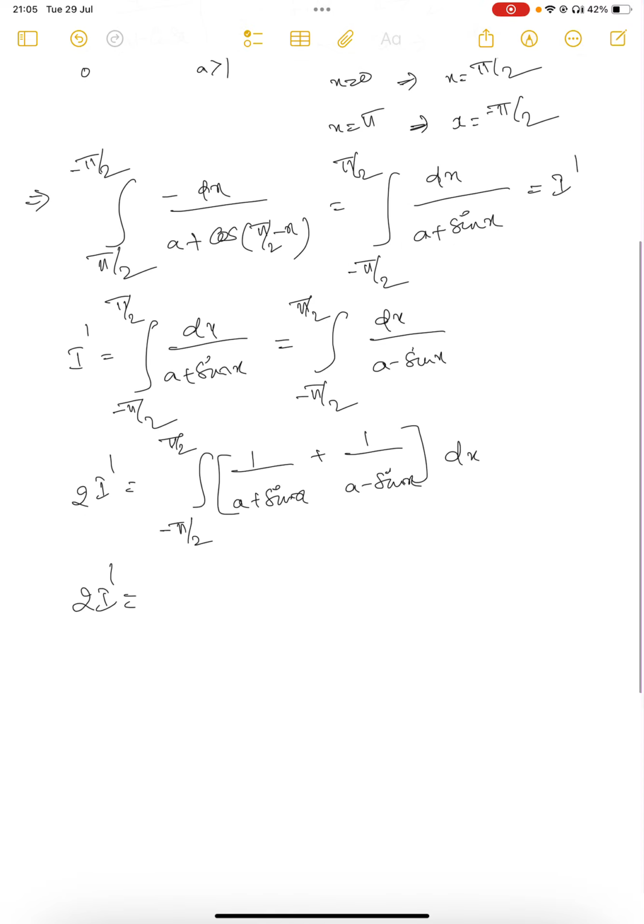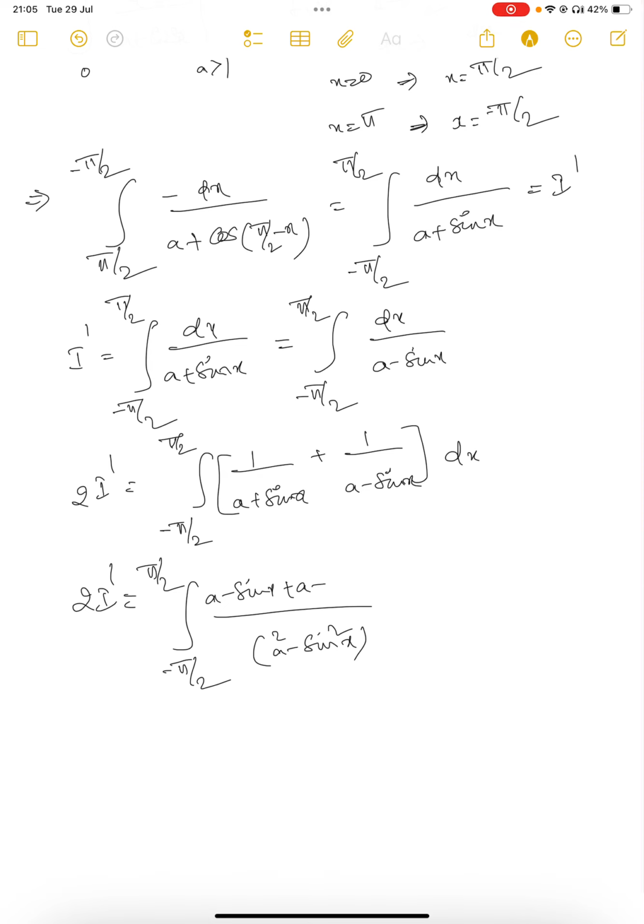So 2I prime equal to minus pi by 2 to pi by 2, and the denominator will be a square minus sine square x, with numerator a minus sine x plus a plus sine x.